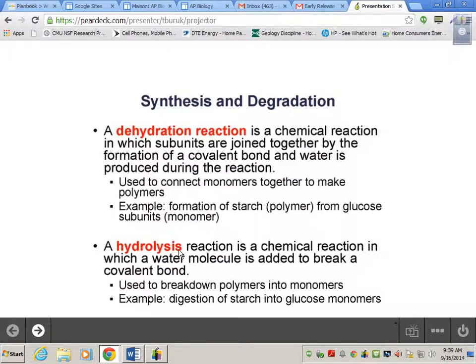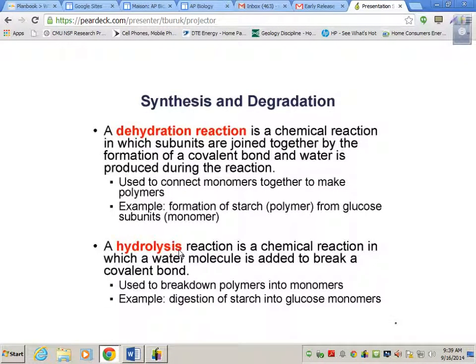So how do I bring monomers together? Gentlemen, this leads to something called a dehydration reaction. This is something we do not cover in general biology. It's a chemical reaction in which subunits are joined together by the formation of a covalent bond, and water is produced during the reaction. If water is a product, you automatically know it is a dehydration reaction.